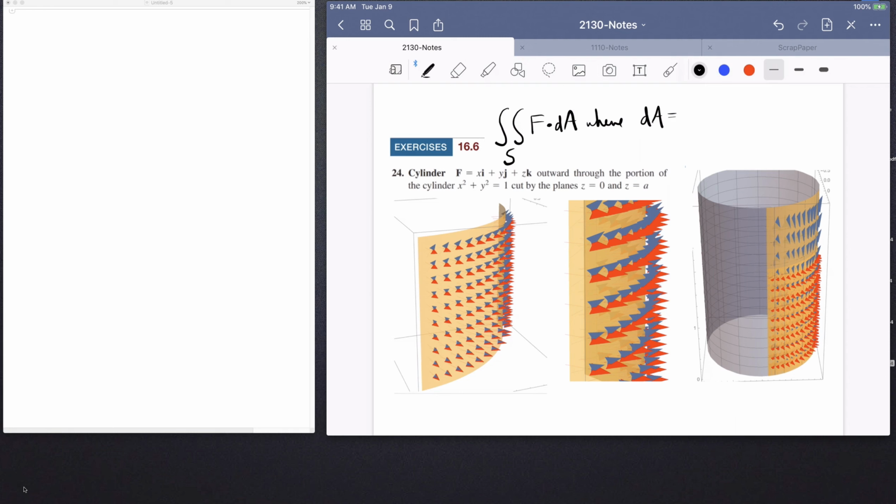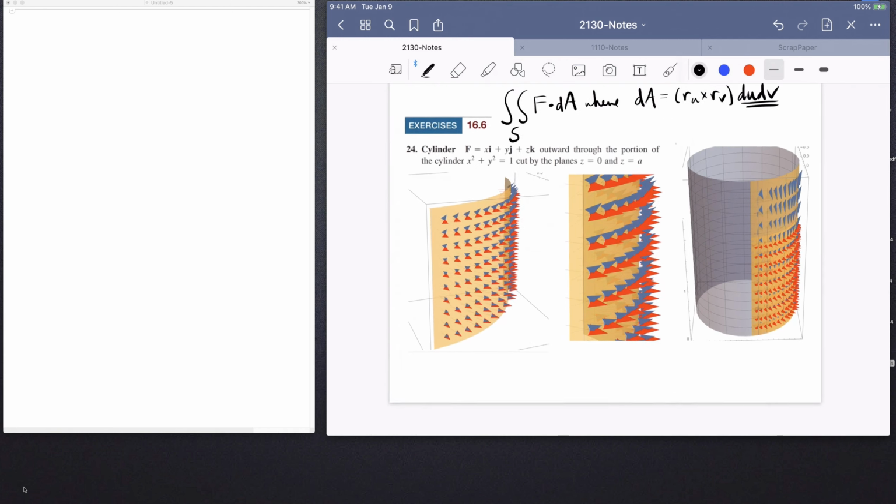What we mean by that is that dA is the cross product of the derivatives of the surface parametrization, which gives a vector that points normal to the surface, and then that is being multiplied by the area element du dv.